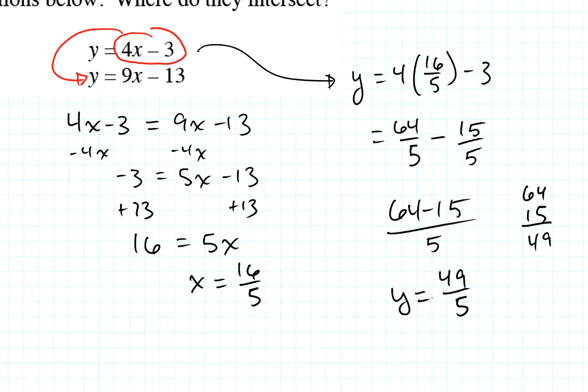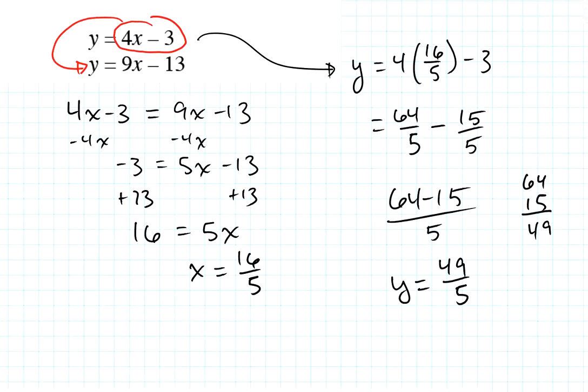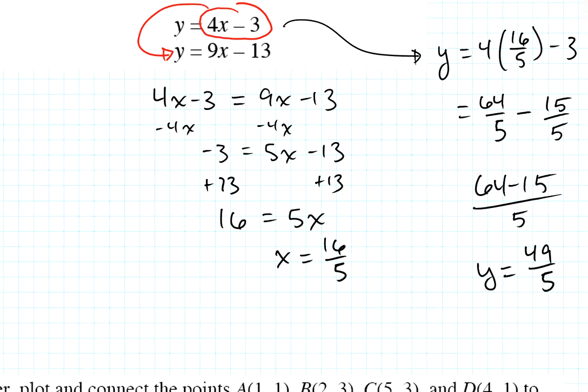We've been looking at these graphic solutions, and we always get the impression that, hey, make a graph and see where they meet. Well, that works, but that would be hard to see. These numbers are not easy to identify. Anyways, my solution here is x is 16 fifths and y is 49 fifths. So that is where these two lines would meet with each other.